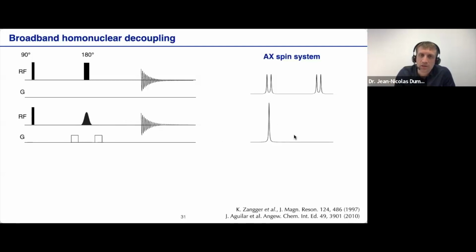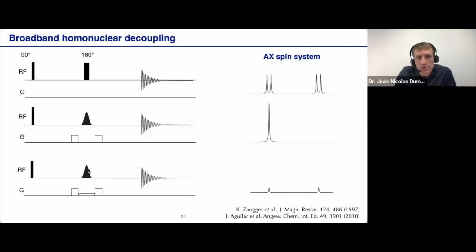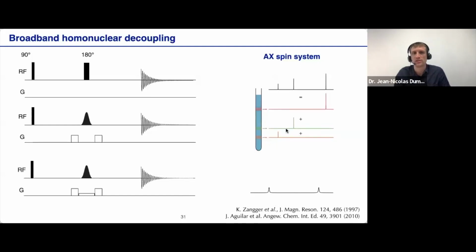But in this case, it only operates for a single signal in the spectrum. And so the key idea that was introduced by Zangger and Sterk in the late 90s is to apply together with this frequency selective pulse a weak magnetic field gradient, such that the pulse operates on different resonances in the spectrum depending on the position within the sample. And as a result, the entire spectrum is obtained at once with singlets for all of the signals.